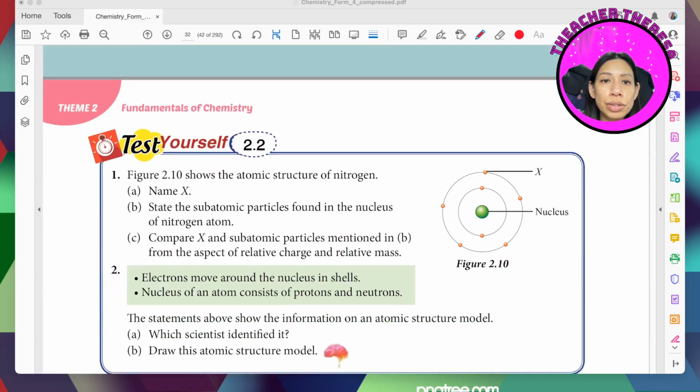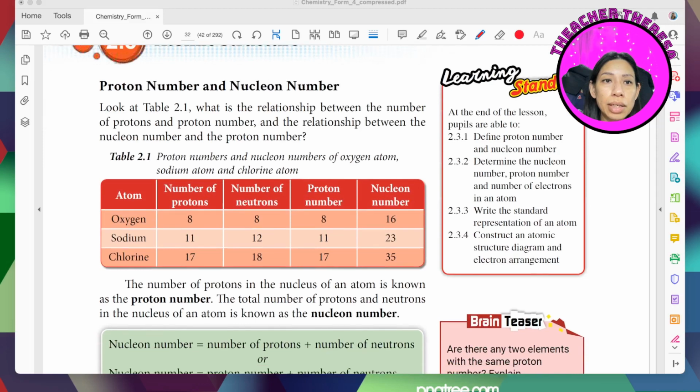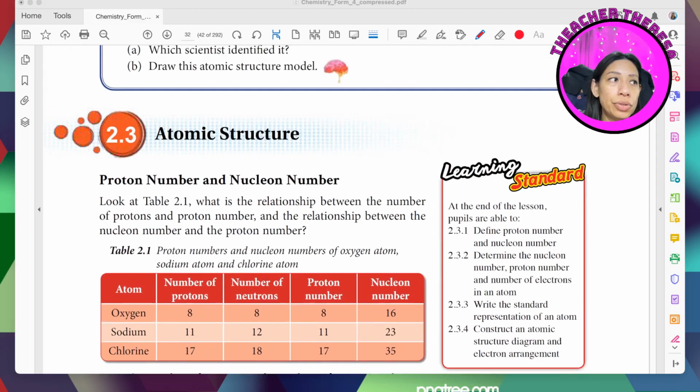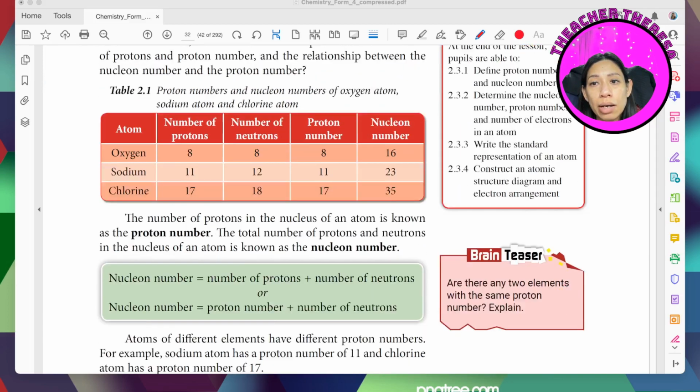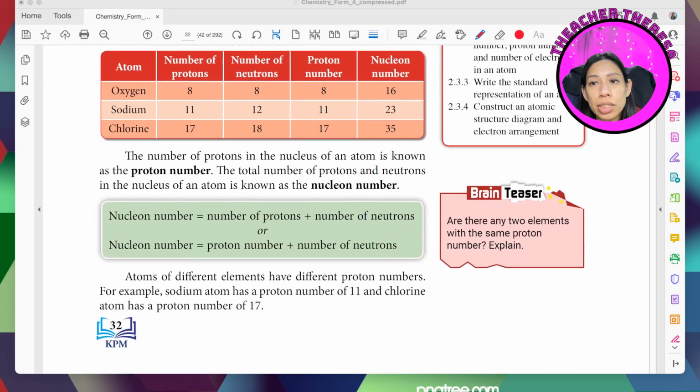Now let's move on to the next part, where you need to know about the atomic structure. Here you need to define proton number and nucleon number, and determine the nucleon number, proton number, and number of electrons in an atom. Write the standard representation of an atom, and construct an atomic structure diagram and electron arrangement.